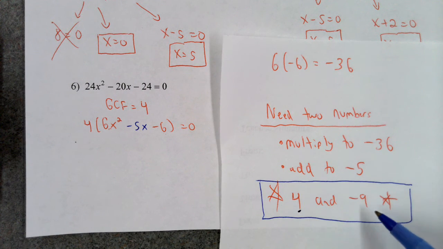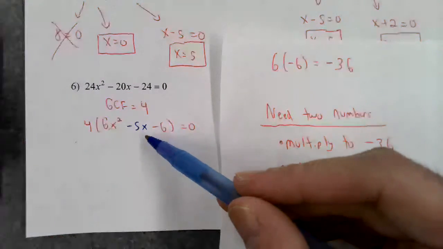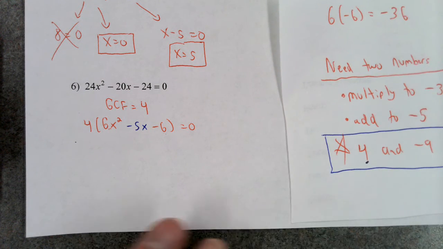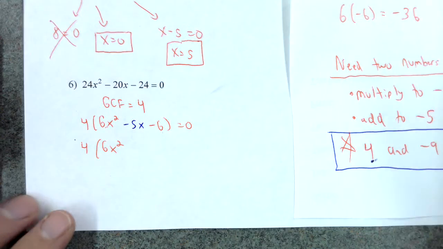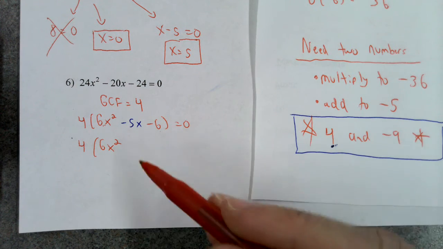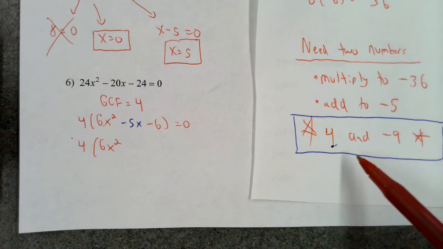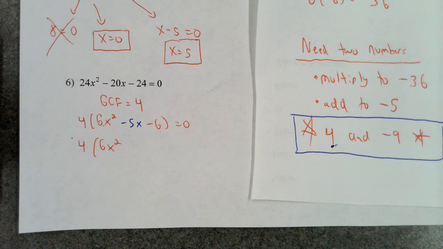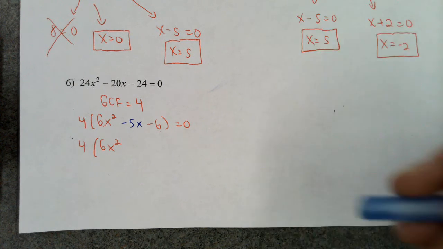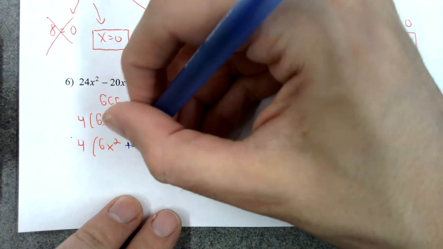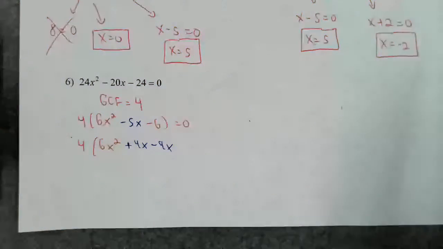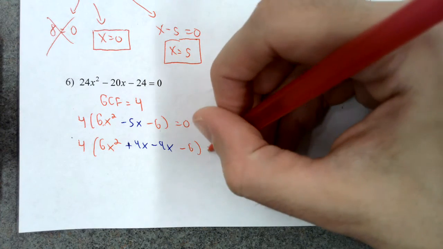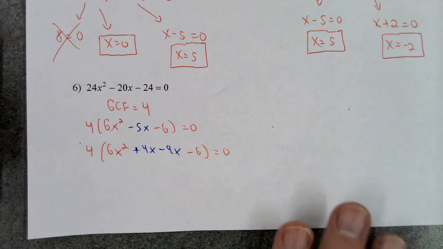So what I do is I take these numbers and I replace the negative 5x with those two numbers, like this. We still got the 4 out front, still got the 6x squared, but I replace the negative 5x with these two numbers. So in this case, plus 4x minus 9x, and then minus 6.